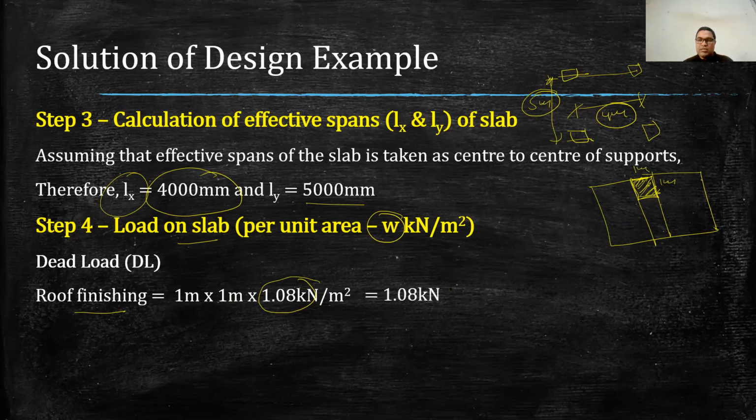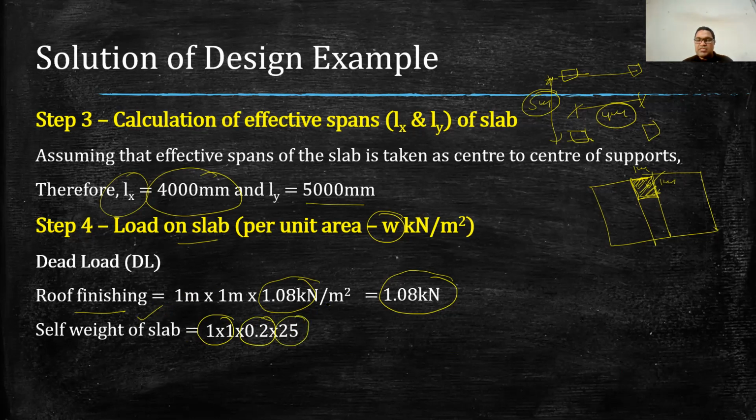So that is the load of finishing at this unit area. Now, similarly, for this unit area, we will find out the self weight of slab. So that becomes 1 into 1, that is the unit area multiplied by the overall thickness of the slab, which is 0.2, multiplied by the density of RCC. So getting the value as 5 kilonewton. So this is the load on this unit area for the self weight of the slab.